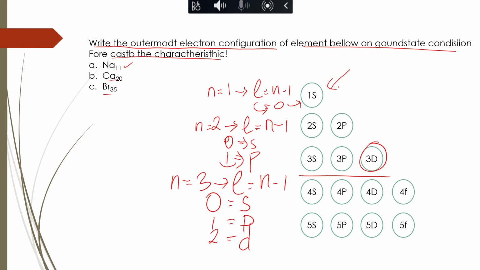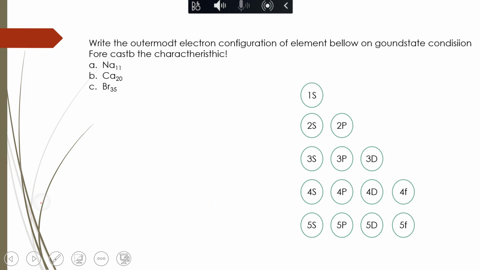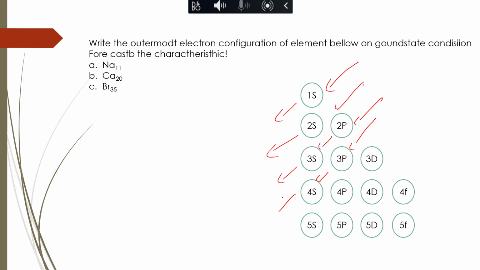Okay, and remember that to fill in the electrons in this configuration, we have to follow the arrow. So you can draw an arrow here to better understand where the configuration starts.